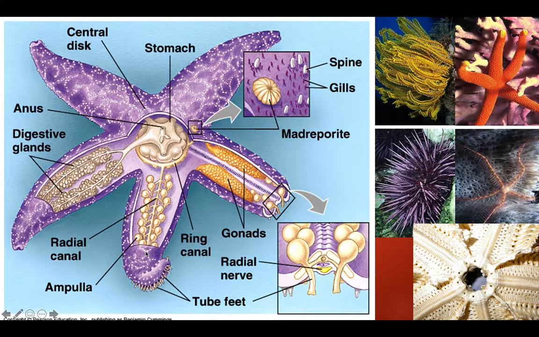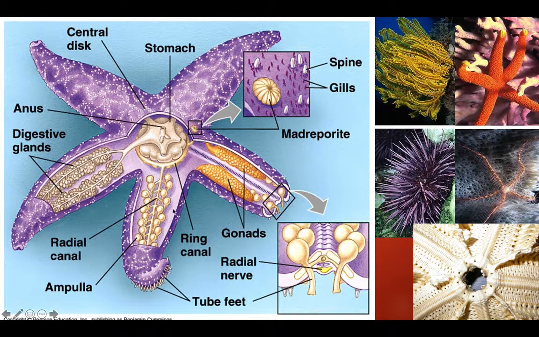This radial canal has these balloon-like structures called ampulla. So if we zoom in to here, here's an ampulla, and the ampulla has this protrusion coming out, and this is the tube foot, in this case, because I'm just talking about one. So each one of those is going to have tube feet. And what the water vascular system can do is that as water flows into this canal, it balloons up these ampulla and increases the pressure.